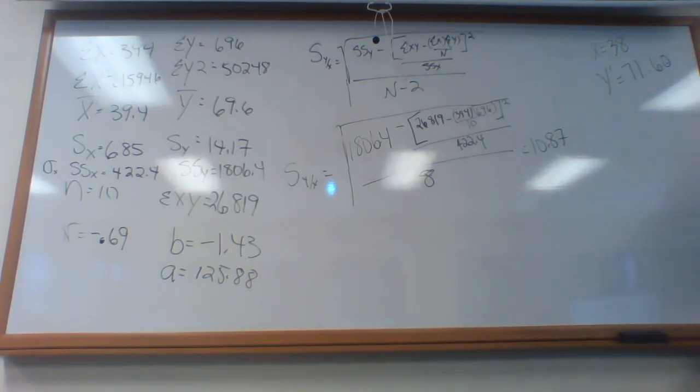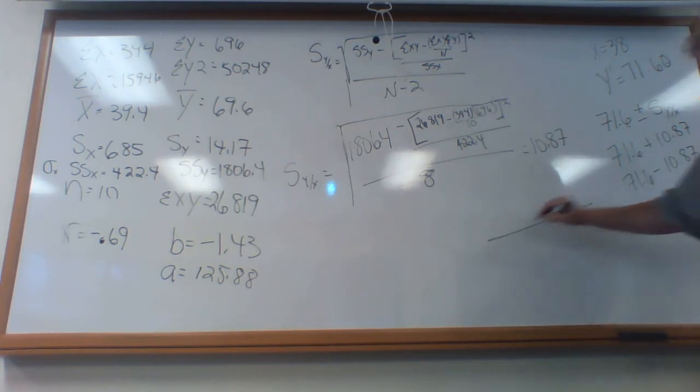About 68% of the scores would fall between what values? It would be 71.6 plus or minus the standard error of the estimate. So 71.6 plus 10.87, and 71.6 minus 10.87.